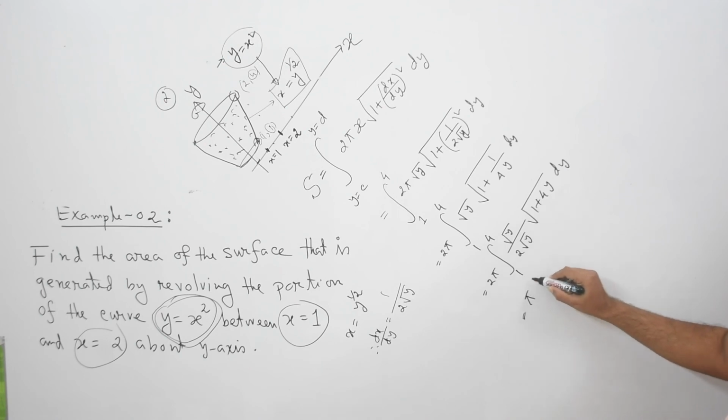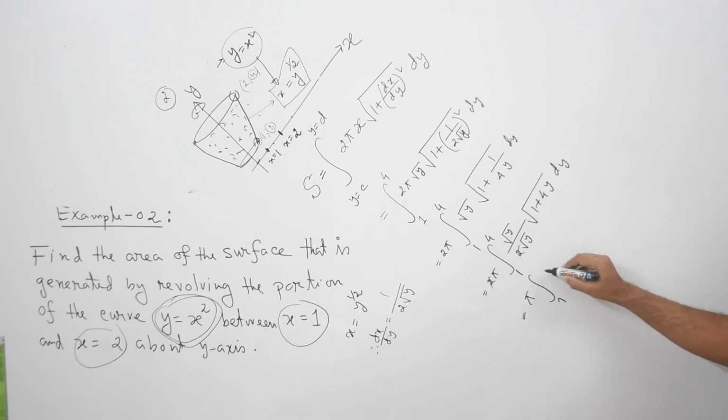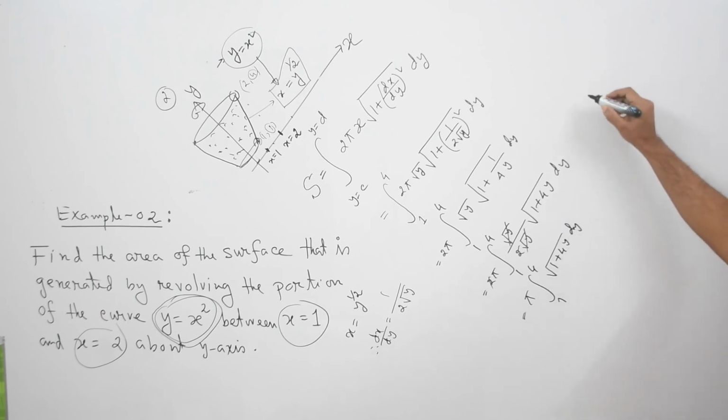So this equals pi into, 2 and 2 will cancel, 1 to 4, and root y again will cancel, the square root of 1 plus 4y dy, and let us consider 1 plus 4y equals z.